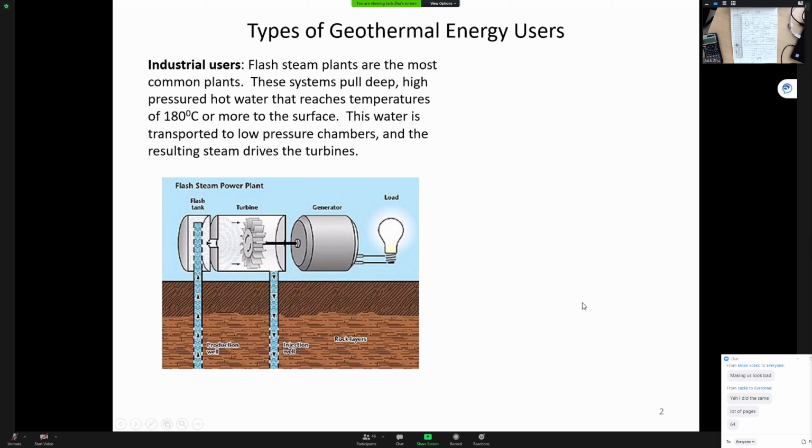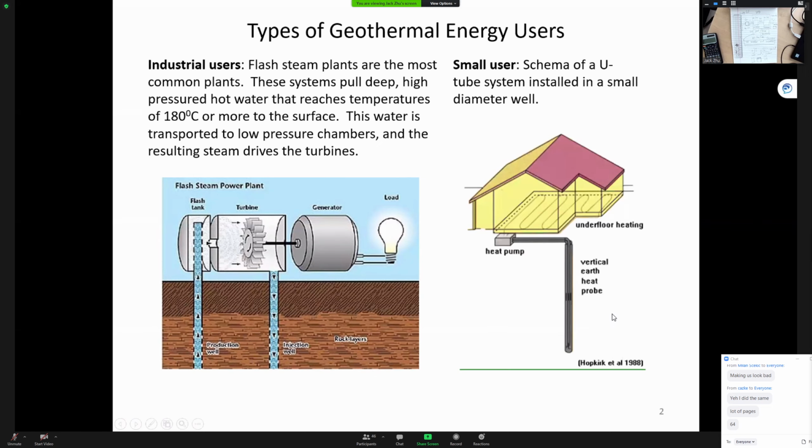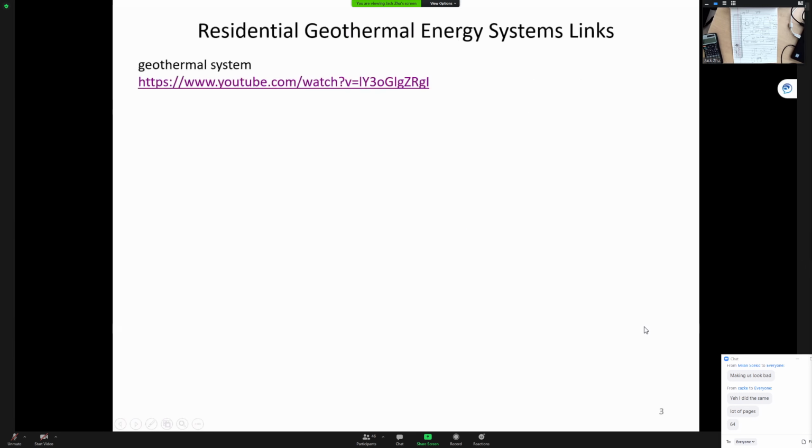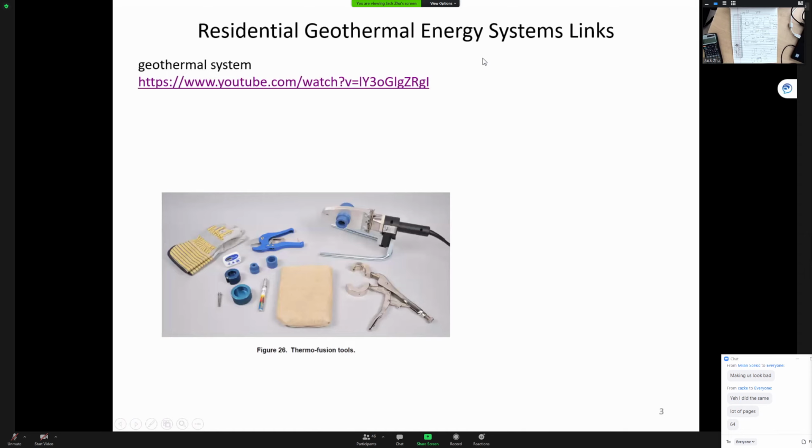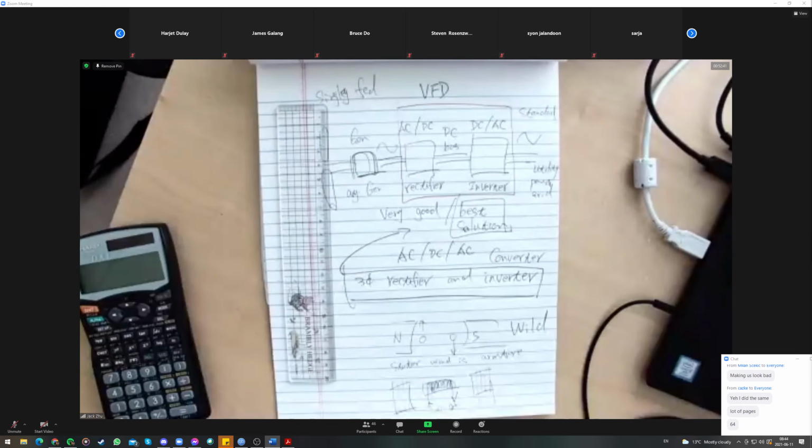We're gonna focus more on the residential and the commercial use, which is using the geothermal energy to do heating and cooling of a house or building. I can show you guys one video first. It's easy for you to understand this thing.